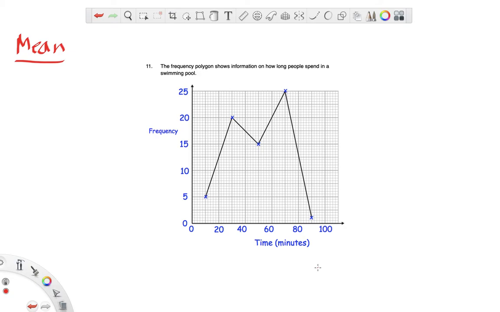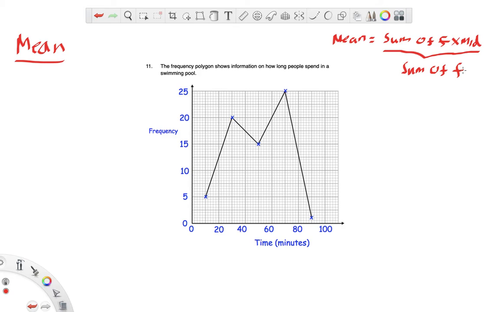When we're finding the mean for data that is in a class interval, we need to remember that the mean is equal to the sum of the frequency times the midpoint, so I'm just going to abbreviate midpoint to mid, divided by the sum of the frequency.